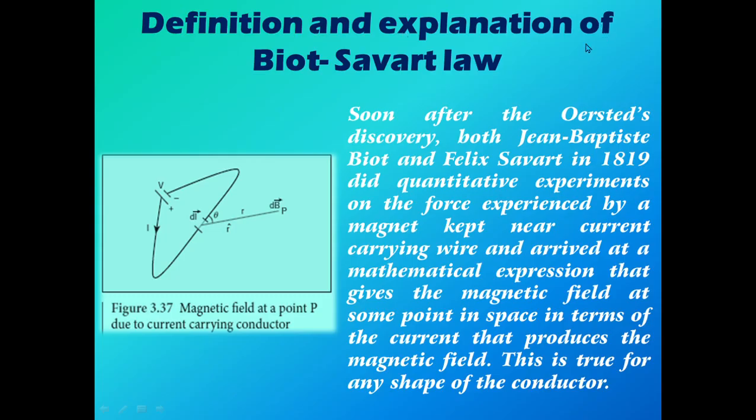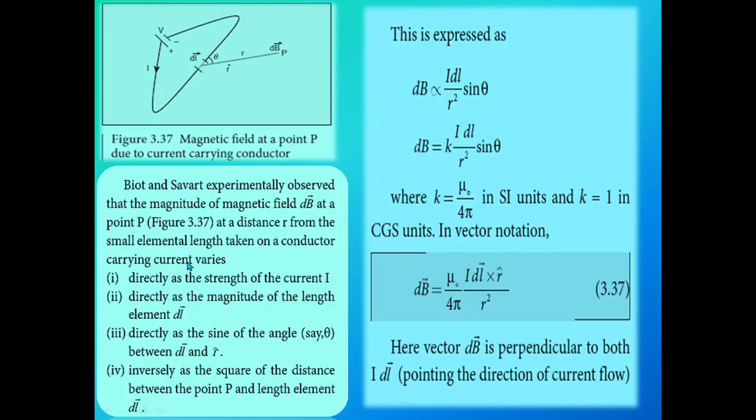Explanation of Biot-Savart law. What is the statement of Biot-Savart law? The magnetic field at a point due to a conductor carrying current varies directly as the strength of the current I, directly as the magnitude of the length element dl vector, and directly as the sine of the angle theta between dl vector and r cap.